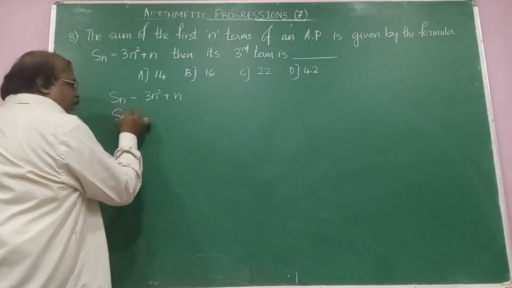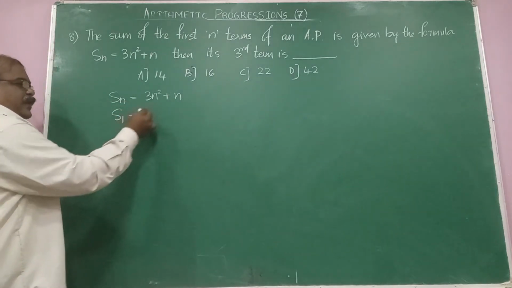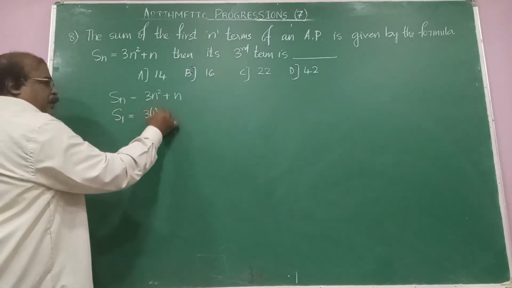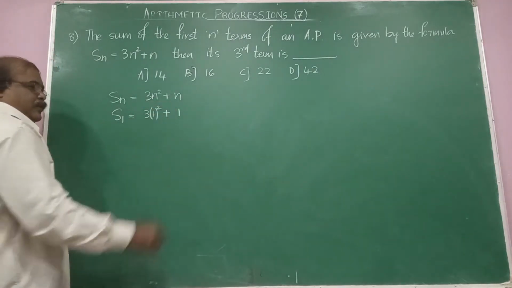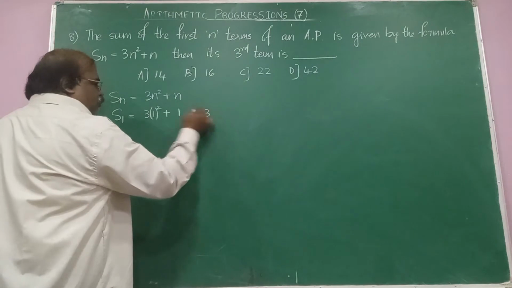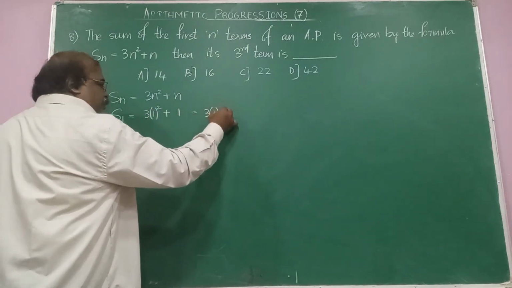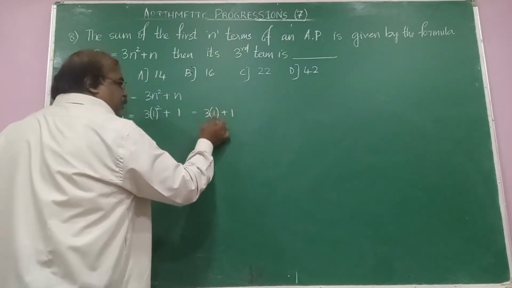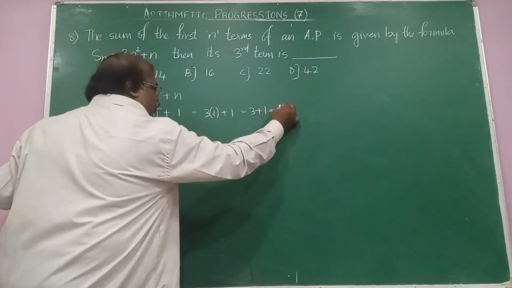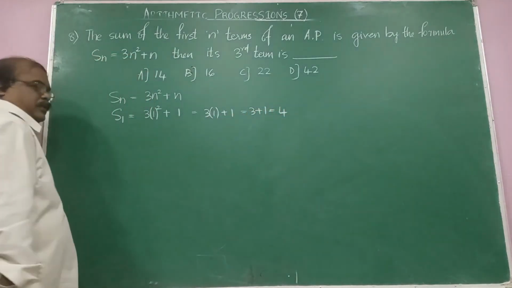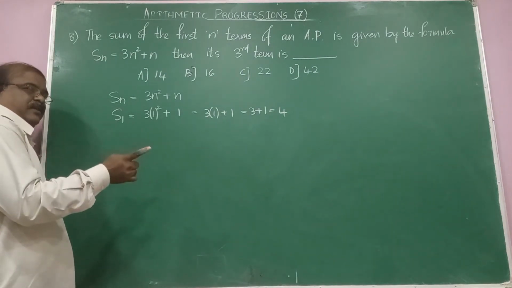Now what is S1? S1 is nothing but 3 into 1 square plus 1. So you get 3, 1 square is 1, plus 1. 3 ones are 3. 3 plus 1, 4. Now remember, what is S1? The first term.